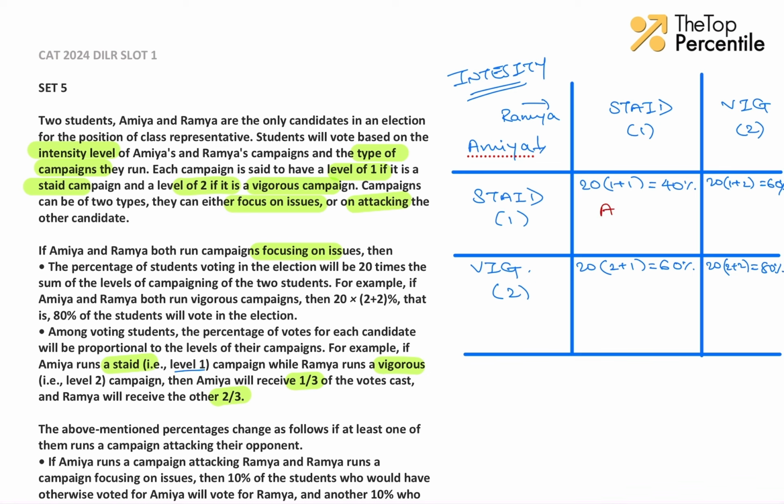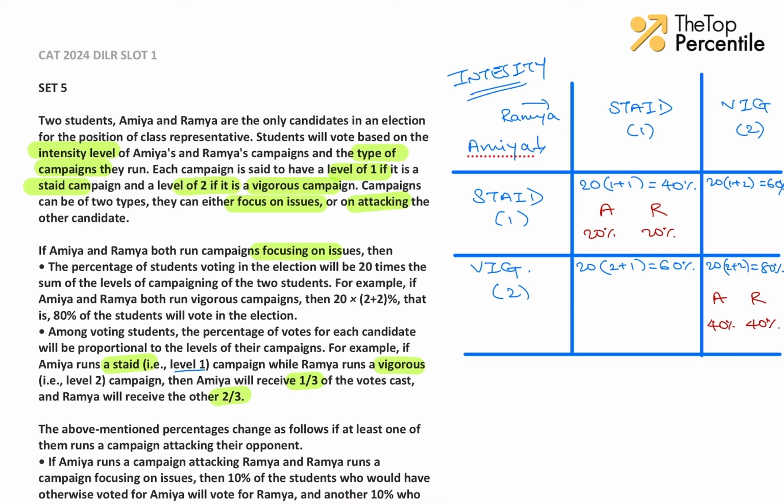So I have Amya here, Ramya here, both will get 20%. And because the percentages of the votes are proportional, here as well this is 40% and 40%.